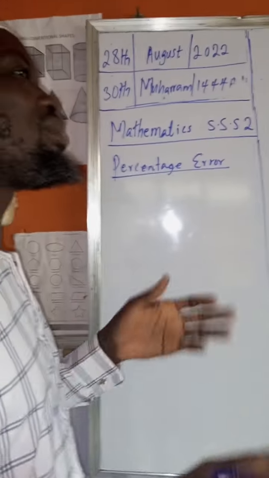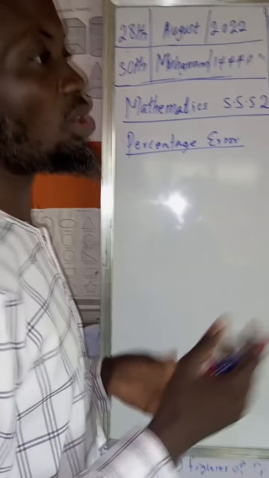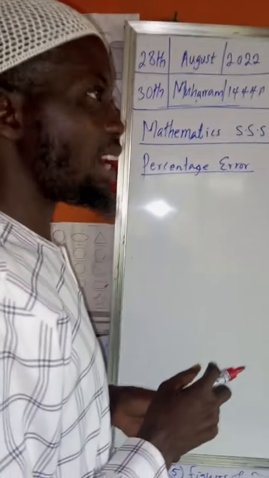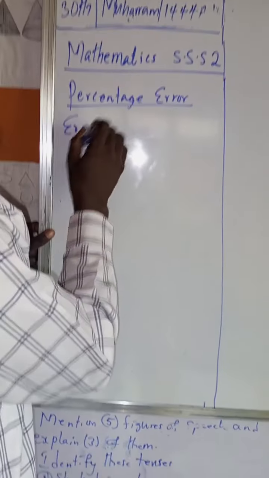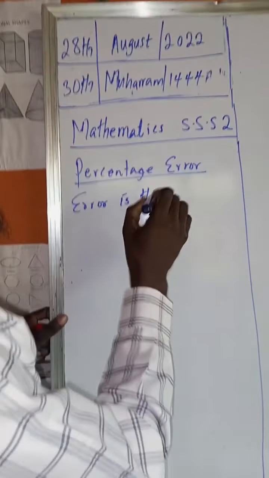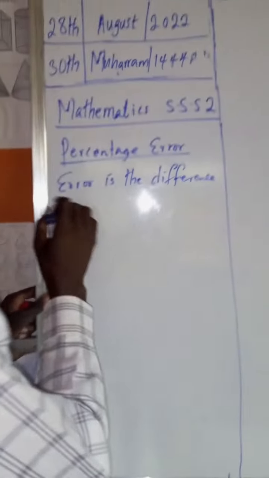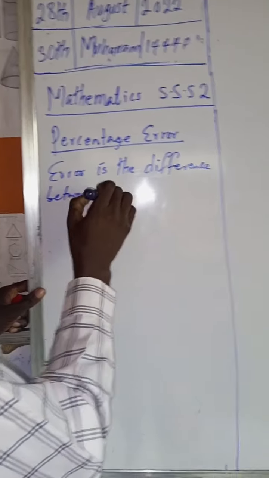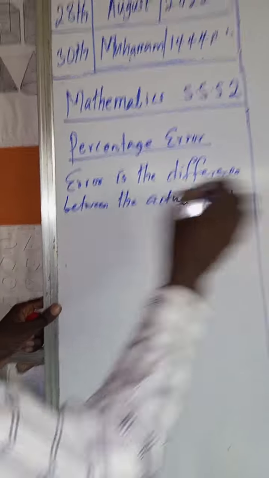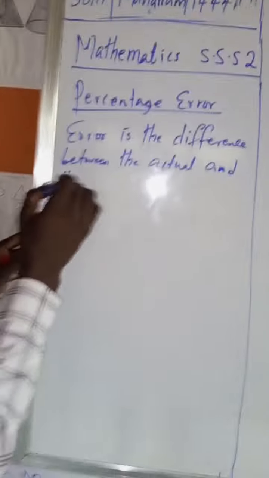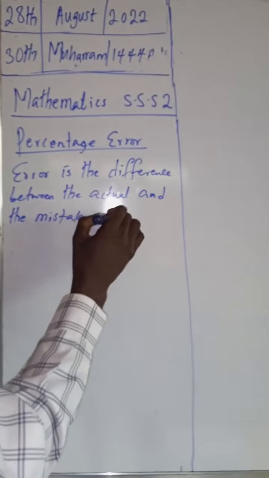Error is the difference between the actual and the mistake made.